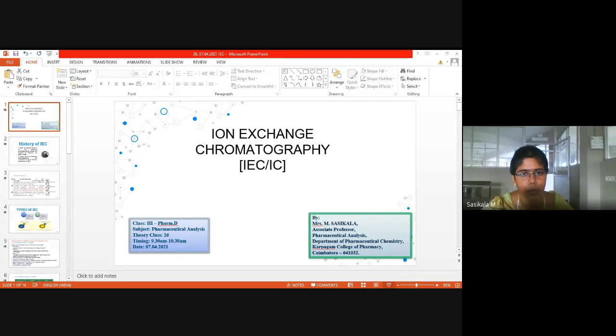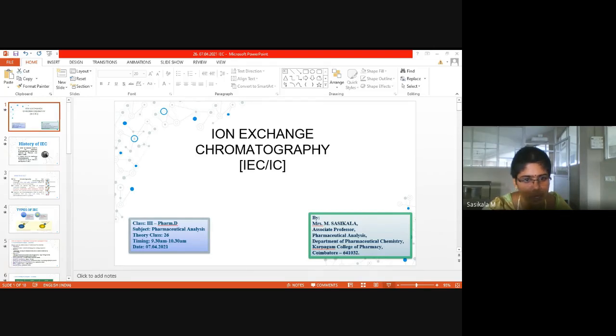First, let's see the history of ion exchange chromatography. Who developed and discovered the ion exchange chromatographic method? It was developed in the year 1956 by Peterson and Sober, one of the scientists involved in its development, whose picture is shown here.